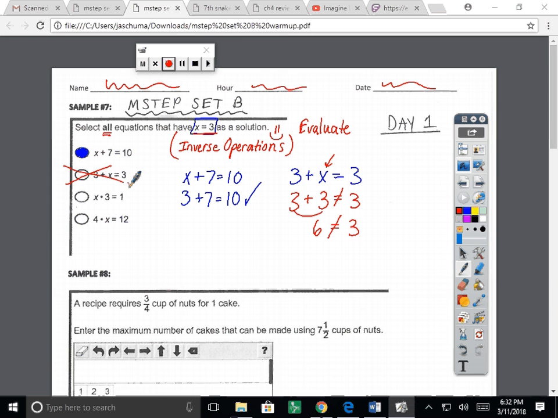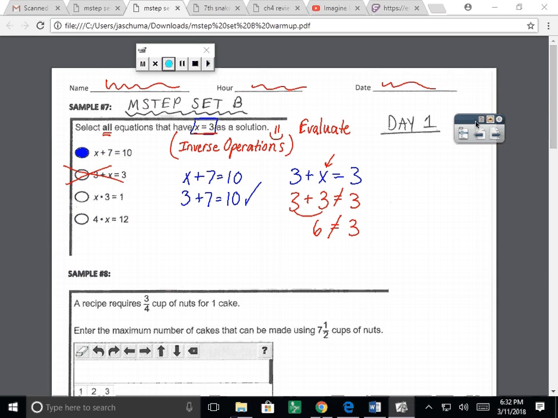We want to try the same idea with these other two equations. I keep calling them expressions, I'm sorry, they're equations. The next one I see here says x times 3 equals 1. We're going to try the same idea of substitution. I'm going to take out the x and put in the 3 that they told me to use each time.